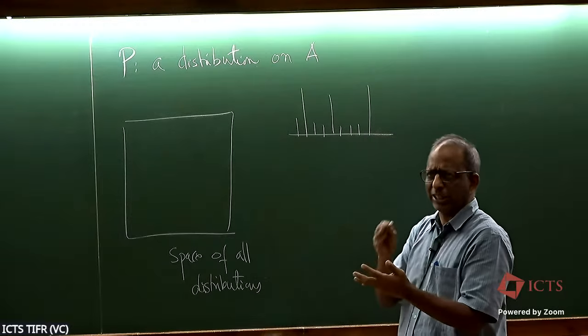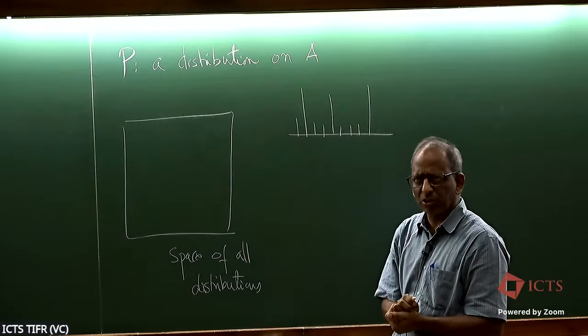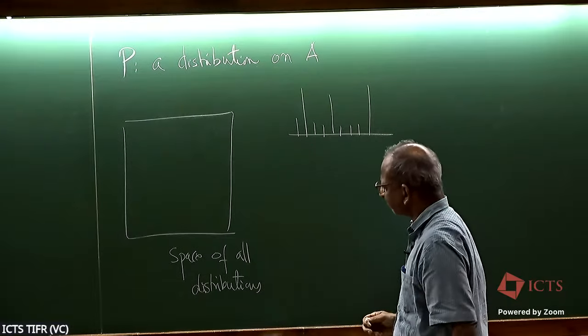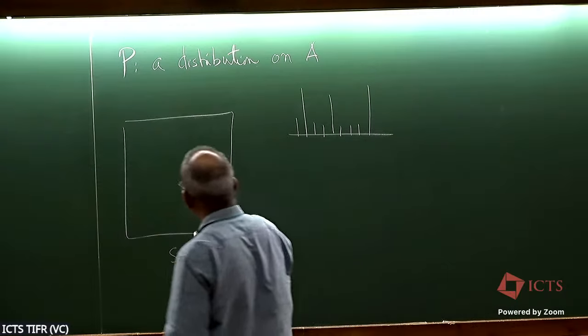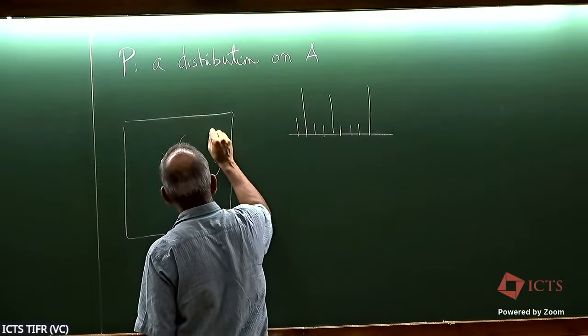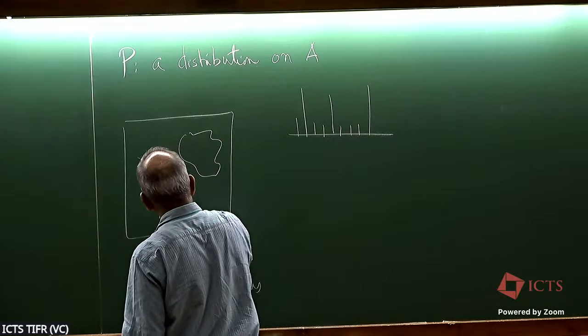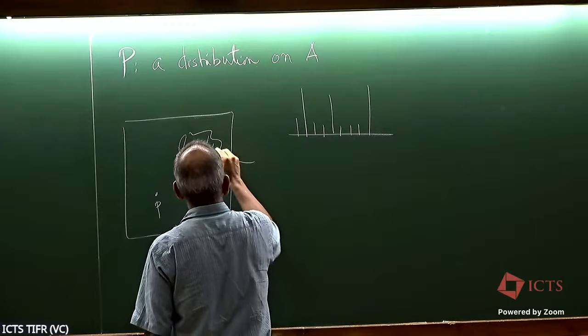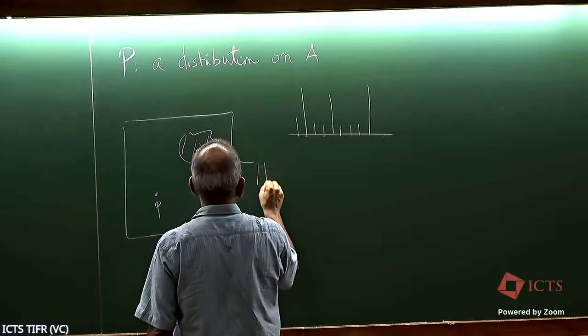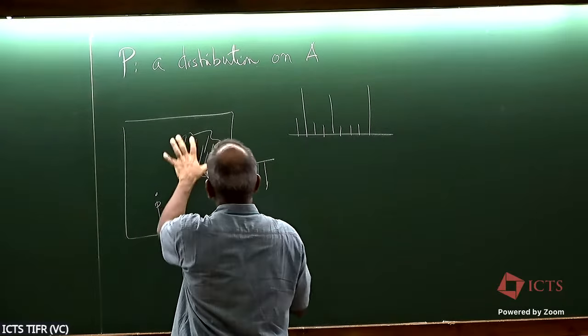You get x1, x2, up to xn, just as before. Then you wonder whether, so this is P, and this is some subset, let me call it capital Pi, of distributions.